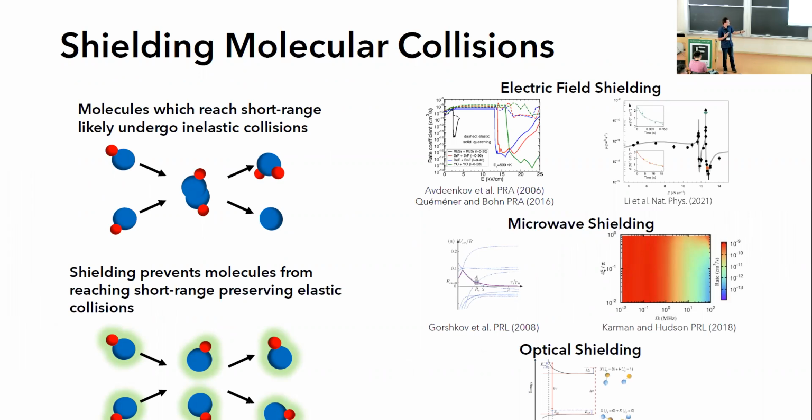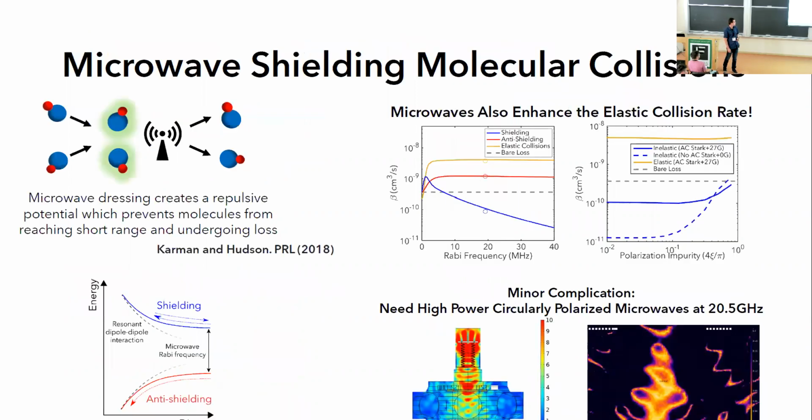So there are ideas on how to use electric field shielding, microwave shielding, optical shielding. All of these different methods basically always do the same thing. They tune the interactions between the molecules so you have some sort of repulsive interaction between them. Specifically, we focus on implementing this microwave shielding scheme on these molecules.